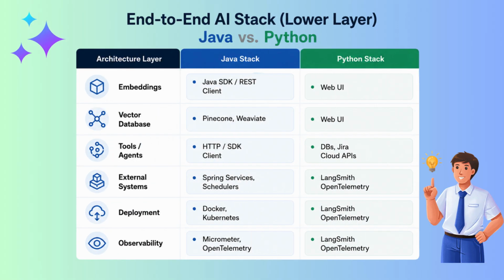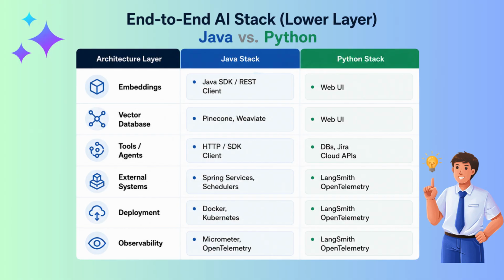Now let's move to the lower layer of the AI stack, where AI becomes a real production system. Let's start with embeddings. Both Java and Python do the same thing here, convert text into vectors. Python often uses native SDKs, while Java typically uses SDKs or REST clients.